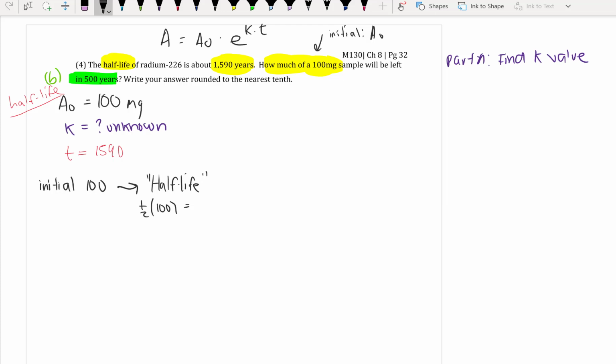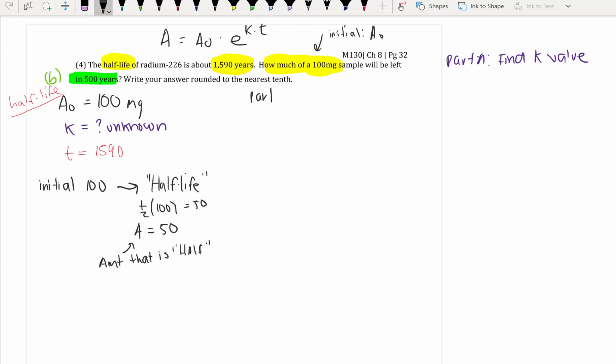So you can either think about this as 0.5 times 100, or half of 100 would be 50. So that's going to be your final amount if you're talking about the half-life, is going to be 50. This is how much amount that is half.